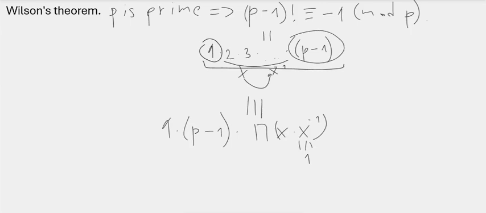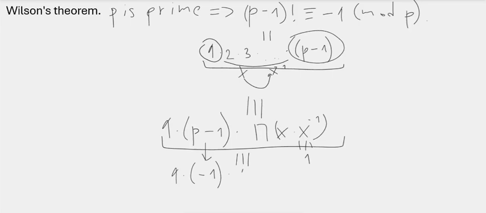So therefore the whole product would be congruent to 1 multiplied by minus 1, since p minus 1 is congruent to minus 1.